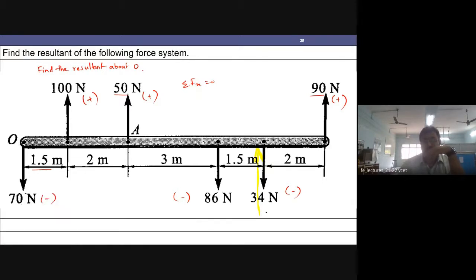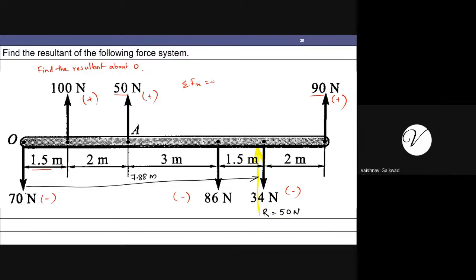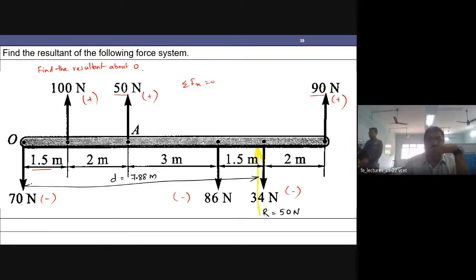This is going to be my resultant R. R equal to how much? The magnitude was 50 Newton. And what is this distance here? D equal to 7.88 meters.